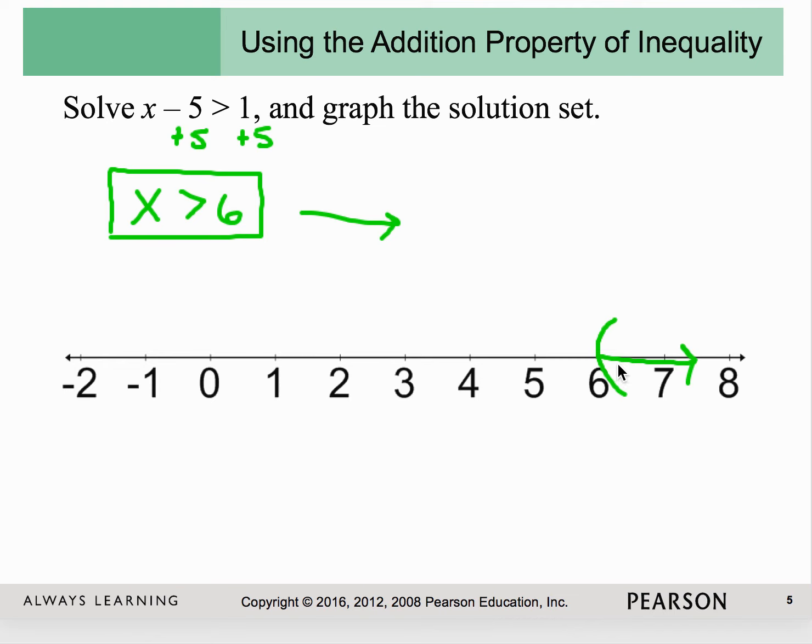And my interval notation will look just like this. I'll have a parenthesis on the 6, and then there's an arrow, which means infinity. So it always gets a parenthesis. Interval notation, graphical notation, inequality notation. Okay, so pay attention to how it's asking you to leave your answer.